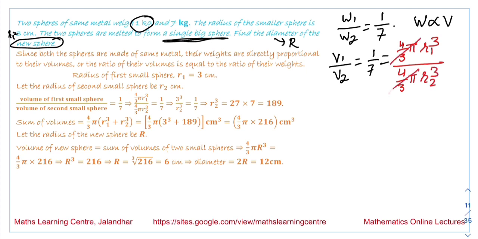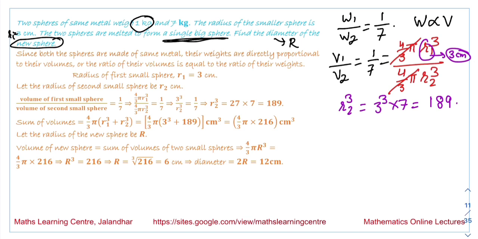So this 4/3 gets cancelled, and the value of R1 is given to be 3 centimeters. So R2 cube is 3 cube into 7, which is equal to 189.